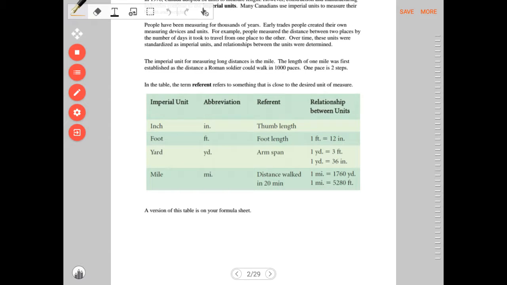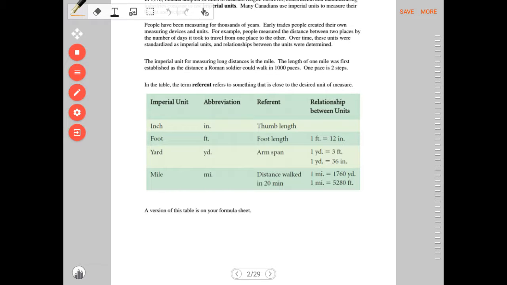Okay, so in the table, the term referent refers to something that is close to the desired unit of measure. So if we have a look at these imperial units, so there's an inch. The abbreviation is IN. Okay, and the referent, or something that's close, so if you look at the last knuckle on your thumb, that is about an inch-ish.